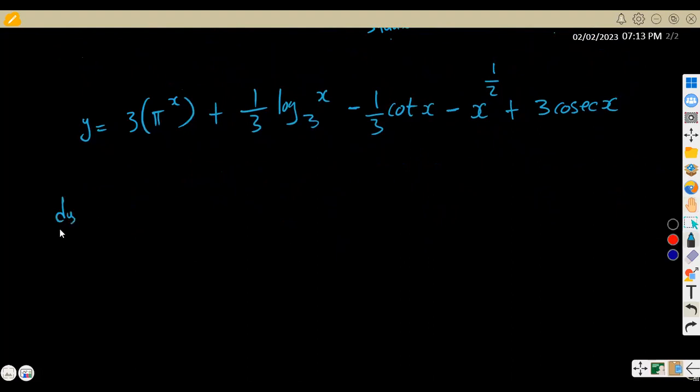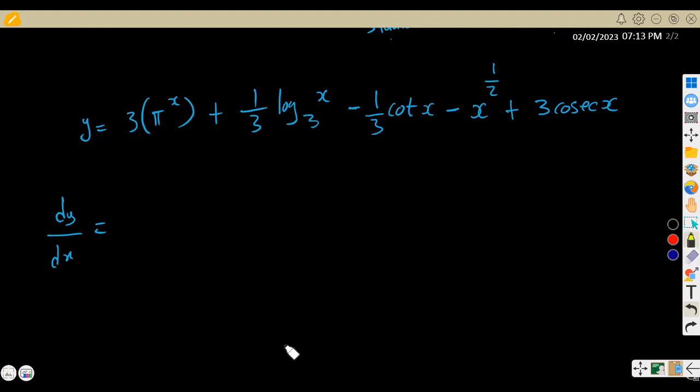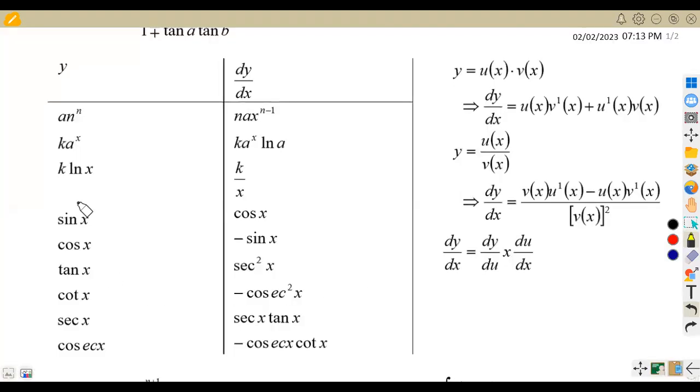So this is now dy dx, the derivative of y with respect to x. We've got 3 pi to the exponent of x. Take note here, we are actually given this derivative on our formula sheet. If it is k a to the exponent of x, that's k a to the exponent of x as it is, then times ln of a, whereby a is the base.